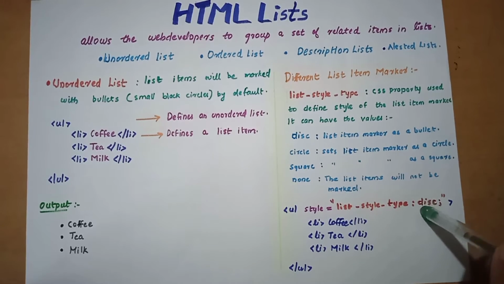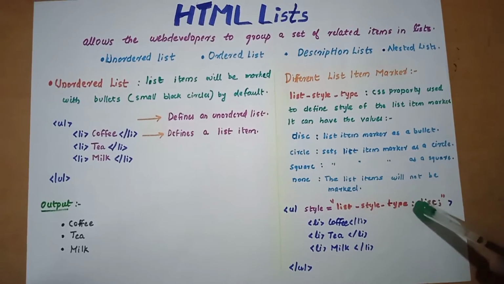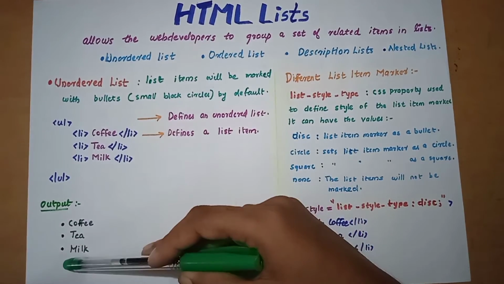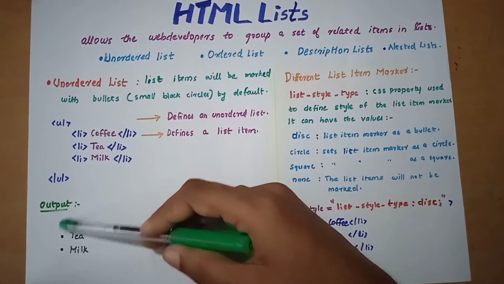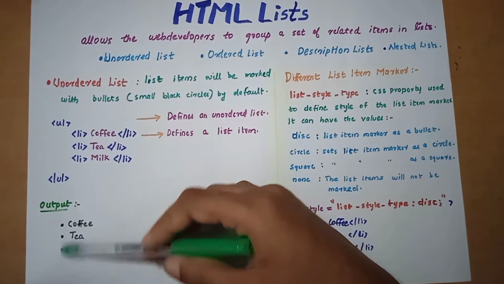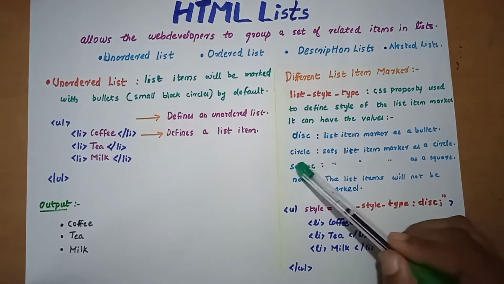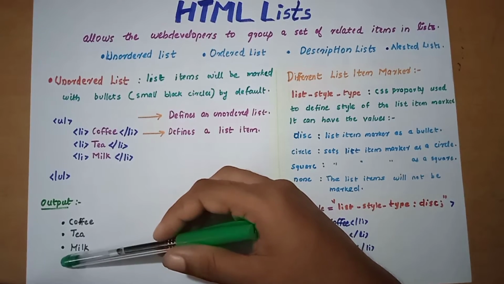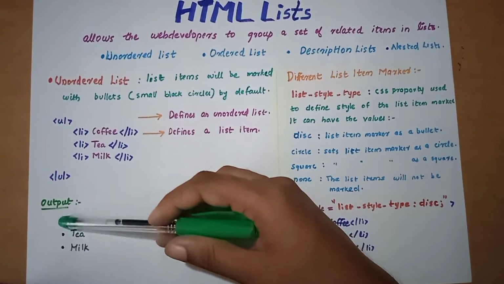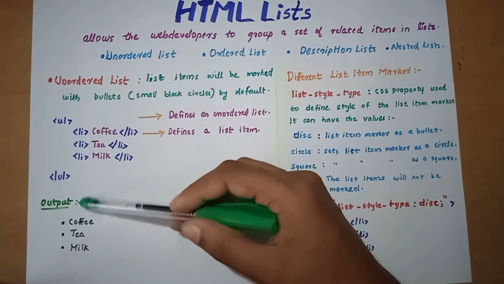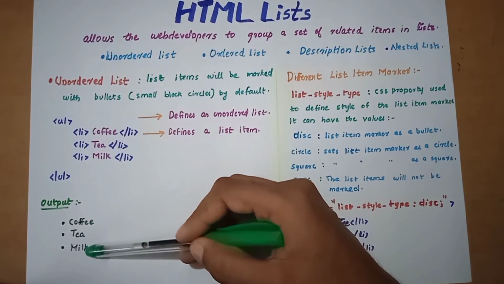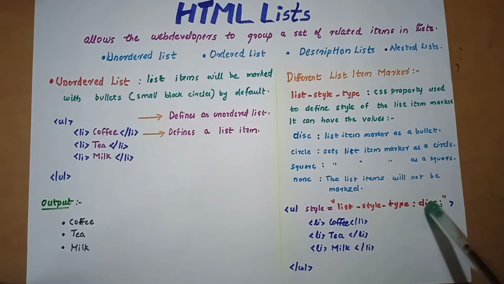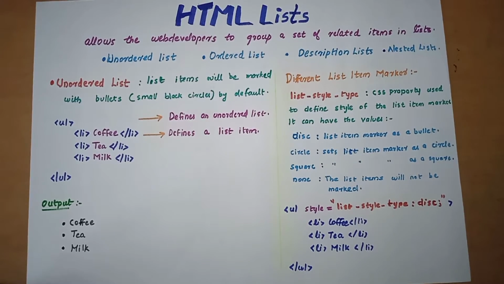If I change this value to circle or square, then these list items will be displayed with circles, or if I use square here, the rounds will change to squares. Or if I don't need any of these markers here, just these names only, I can use the list-style-type value here as none. So this is all about the unordered list.